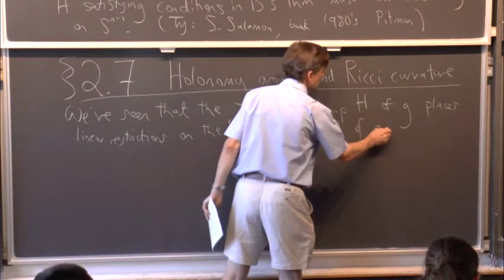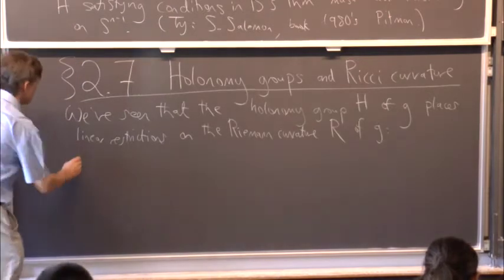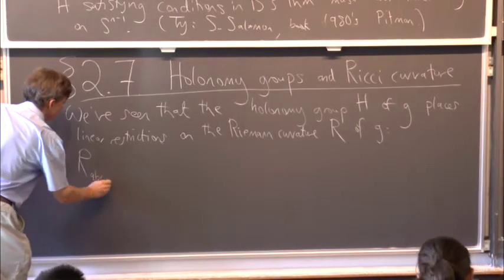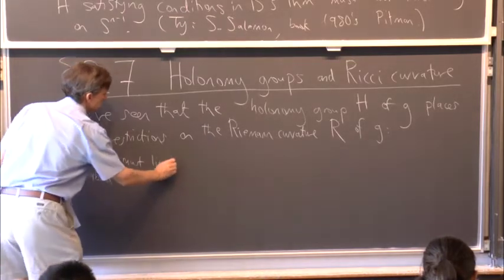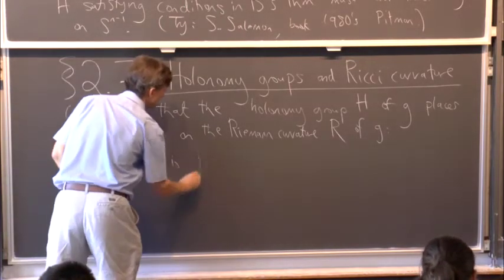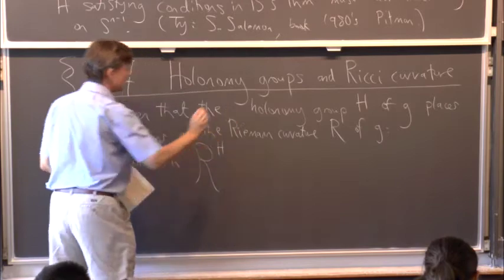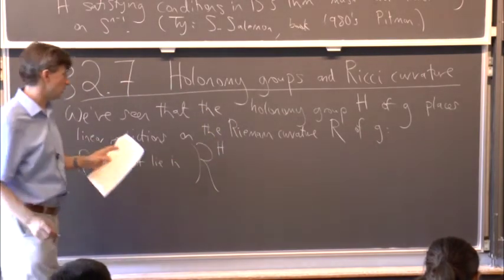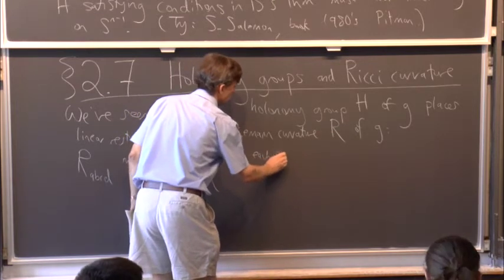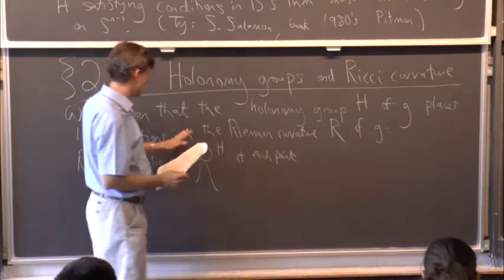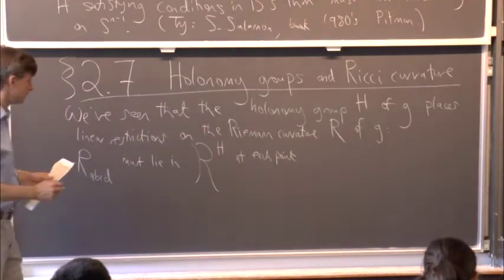So basically, the R_abcd must lie in a vector space curly R(H) at each point. So these are kind of candidate curvature tensors.